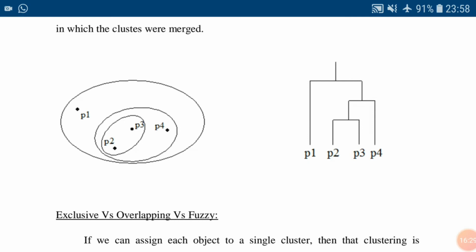Cluster A consists of P2, P3, cluster B consists of P2, P3, and cluster C consists of P2, P3 again. The same P2, P3 data elements are related to more than one cluster. That is hierarchical clustering.